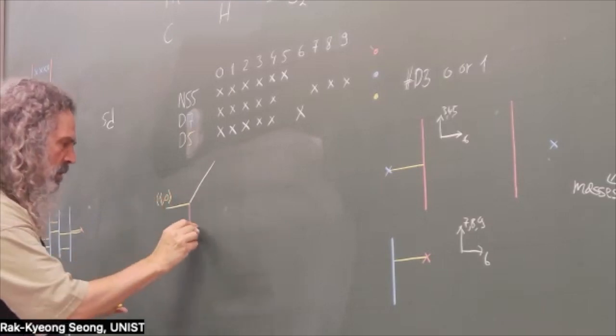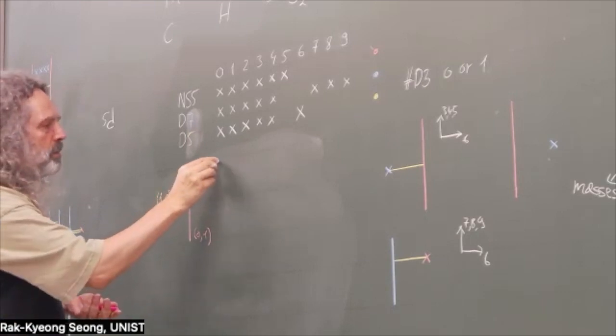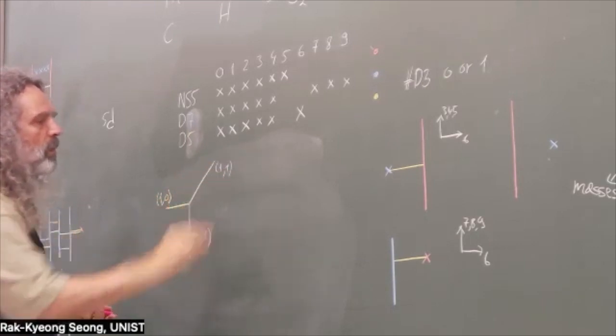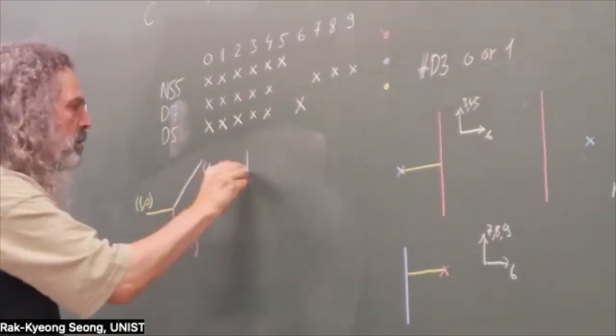This is 0, 1. And this is 1, 1. The PQ diagram. And those numbers could be interpreted as the orientation of the line, the tropical curve, in the 2-dimensional plane. This 2-dimensional plane is 5 and 6.